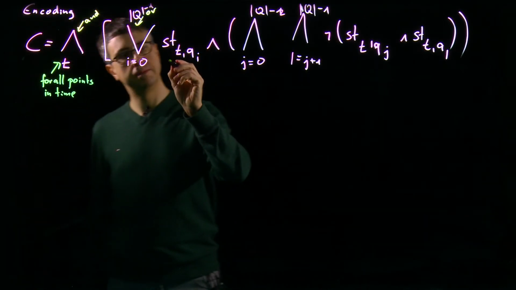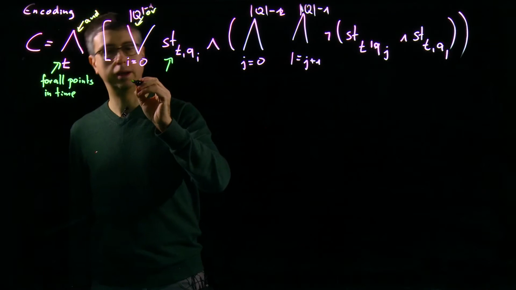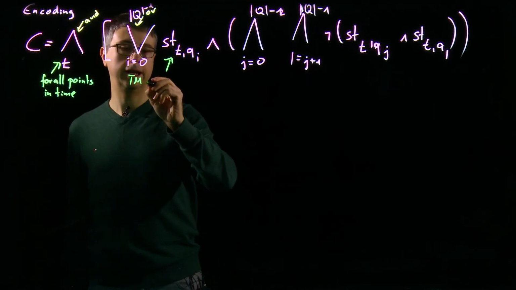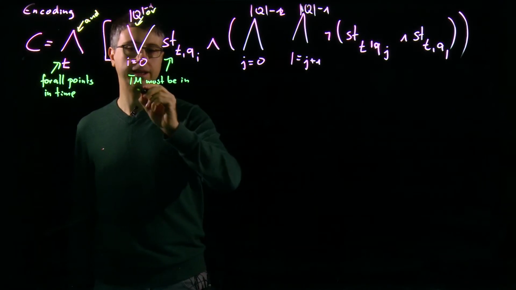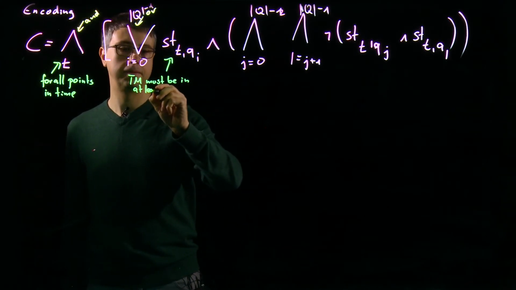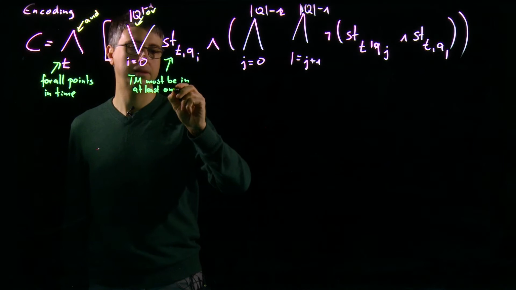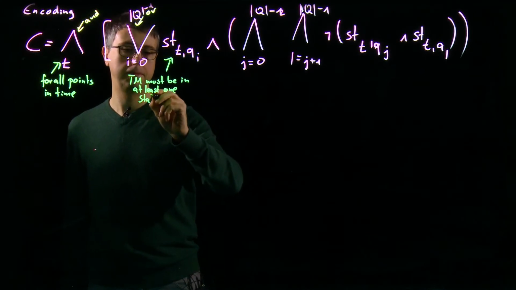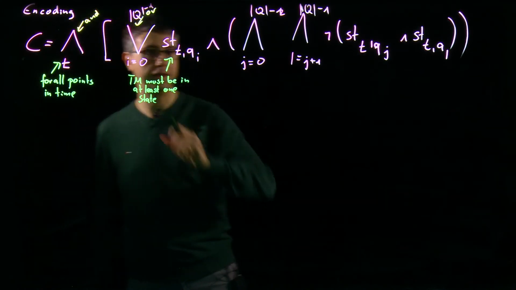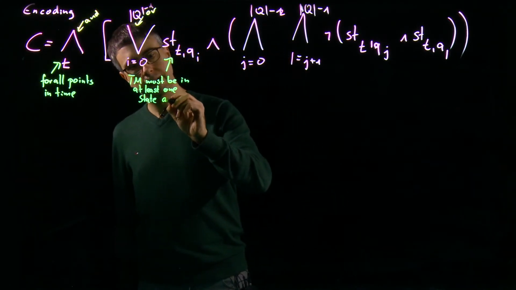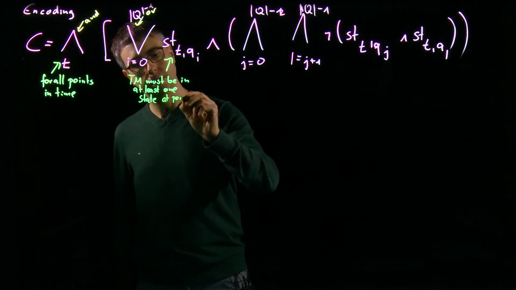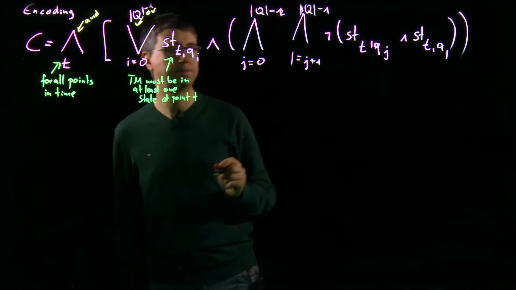This means TM must be in at least one state, because one of these variables needs to be true at point t.